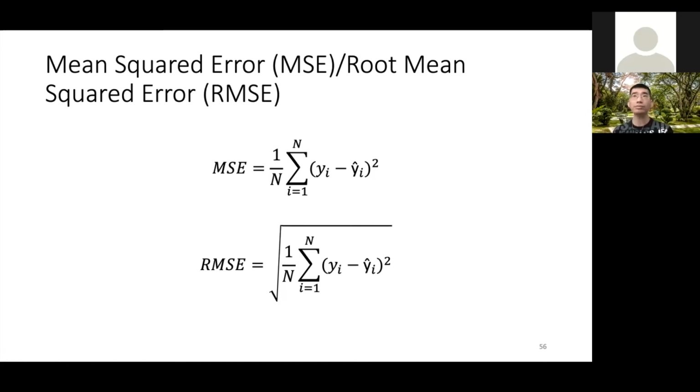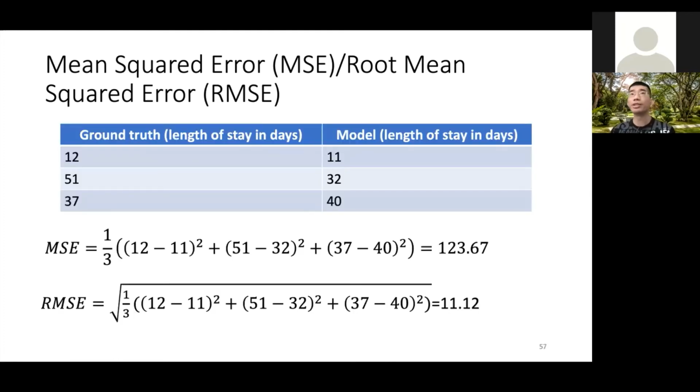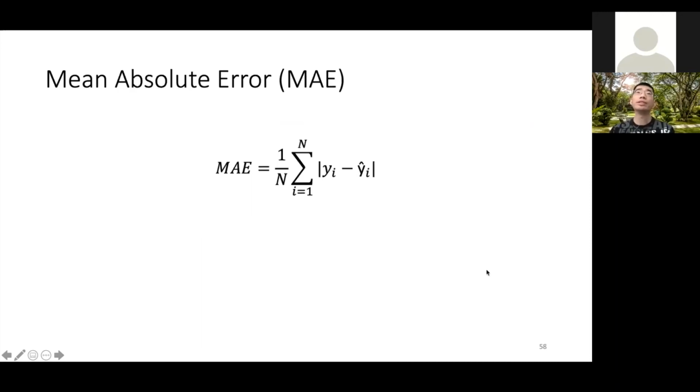So for example, now our model tries to predict the hospital length of stay for 3 patients here. We can just input the numbers into the equation, the ground truth y and the model predictions y hat, and we will obtain the MSE and the RMSE of the model. So pretty straightforward.